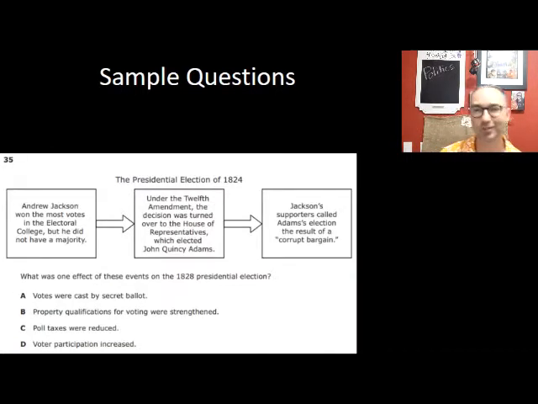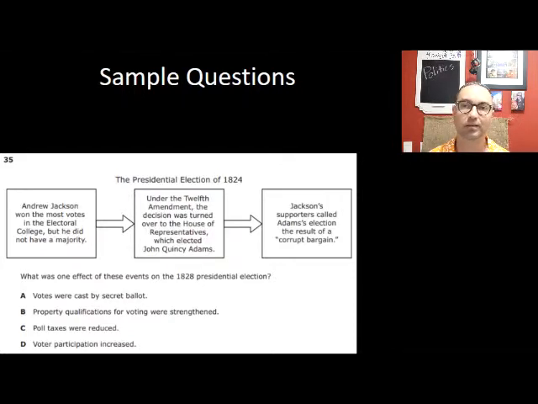All right, now let's move on to the presidential elections that led to the election of Andrew Jackson. Now, this is fascinating stuff. So here's what happens. 1824, Andrew Jackson wins the popular vote and had the most votes in the Electoral College. However, he did not have a majority. He didn't have enough votes in the Electoral College.